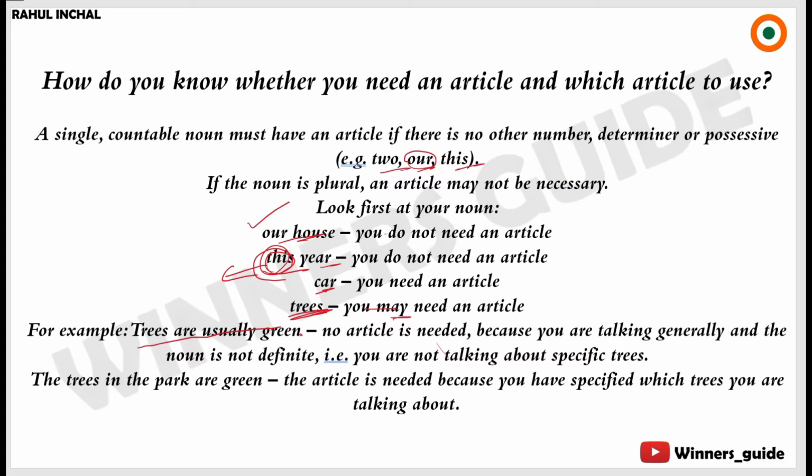Suppose we have this sentence: the trees in the park are green. The article is needed because you have specified which trees you're talking about. Trees in the park. Correct. So it's specified which trees. So it is definite. All right.